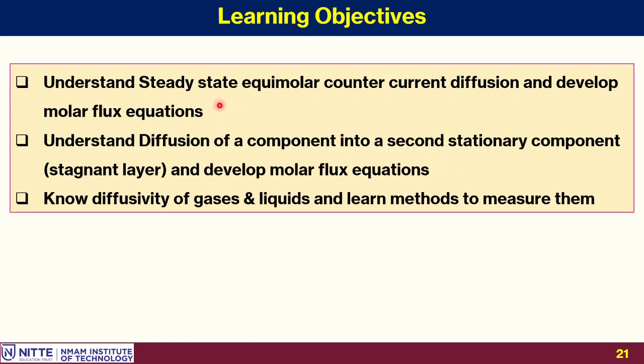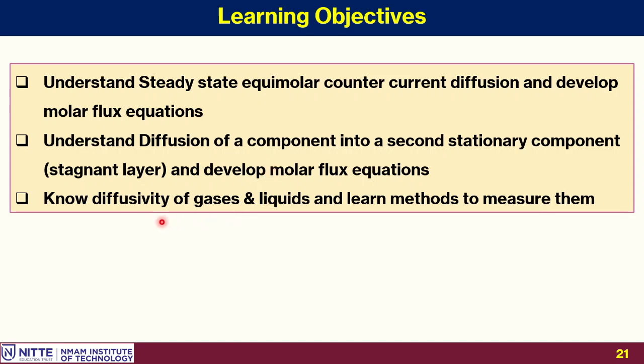In the case 1, there are two systems, system 1 and system 2, and system 1 has both the molecules A and B, as well as system 2 has molecules A and B. For the case 1, what we are considering is A and B both are moving across the two systems, and in case 2 only molecule A is moving, B is stagnant. So the first case is two-way diffusion, second case is one-way diffusion.